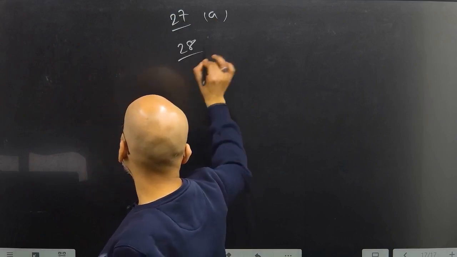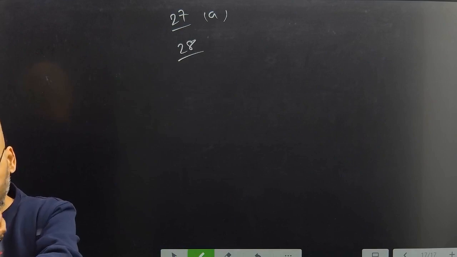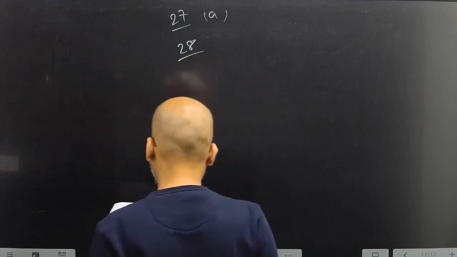Next is 28th. The question is the expansion. So a graph is given to us. VT graph, volume temperature.